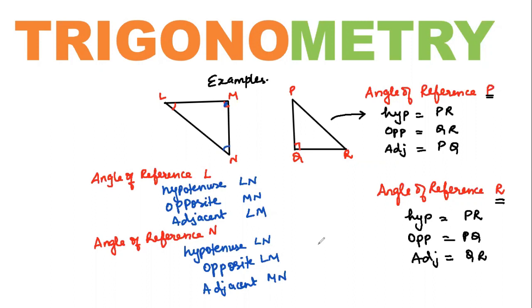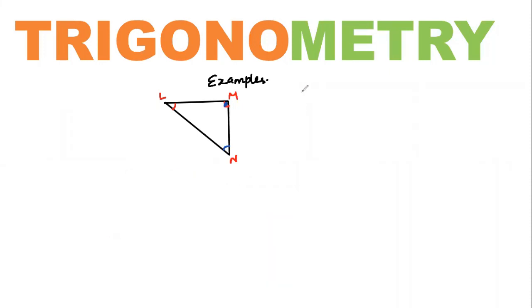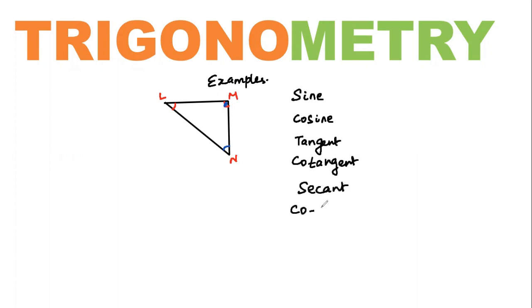The ratio between the lengths of a pair of two sides of a right angle triangle is called the trigonometrical ratio. The three sides of a right angle triangle give 6 trigonometrical ratios. They are sine, cosine, tangent, cotangent, secant, and cosecant.